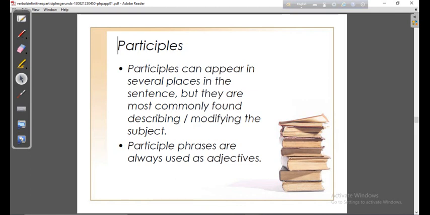Participle phrases are always used as adjectives. Several times I'm saying that participle phrases are always used as adjectives, because they modify the noun.